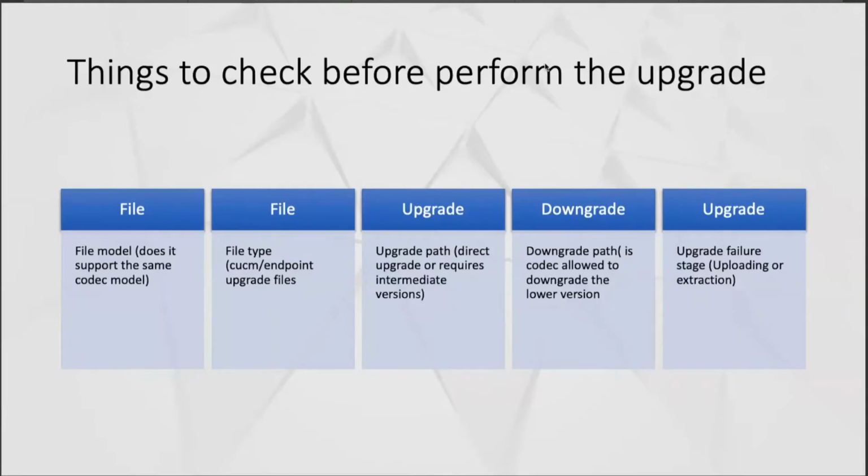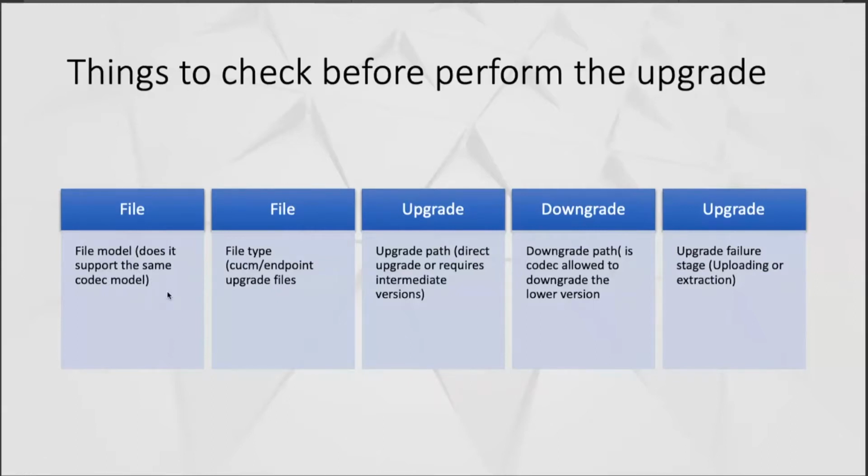So, file model. There are scenarios wherein we are uploading one file maybe to 5 different units. It is possible that the same file may work for 3 codecs because they have the same model, or maybe different models that just support the same file. But there's a chance that the fourth or fifth codec may not support the same file.